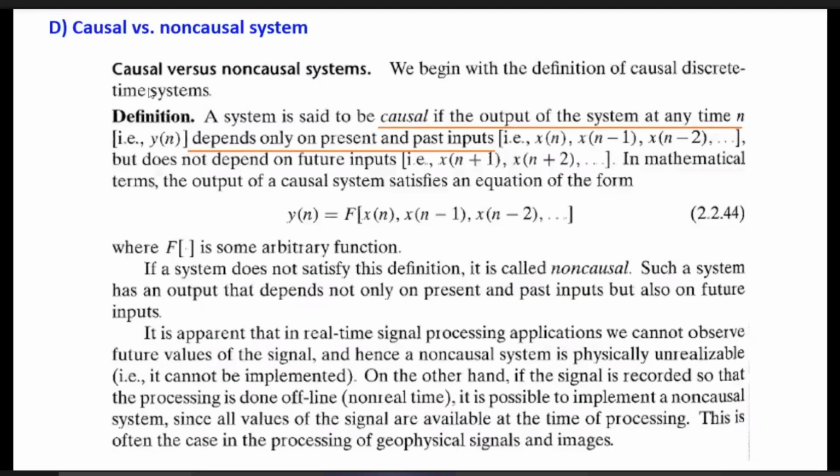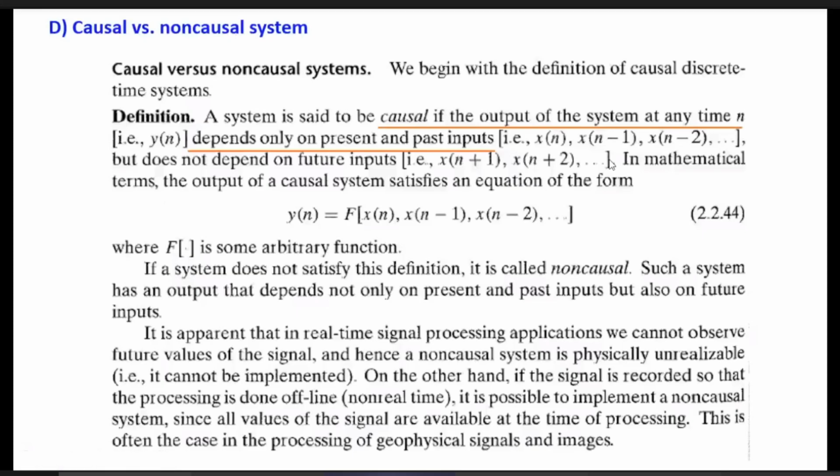The output of the system at any time depends only on present and past inputs. That is called a causal system. It does not depend on future inputs, that is x[n plus 1], x[n plus 2]. These are the future inputs.